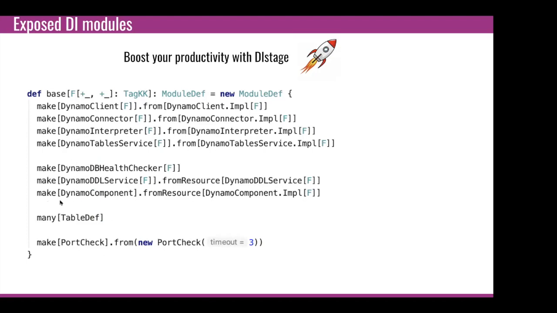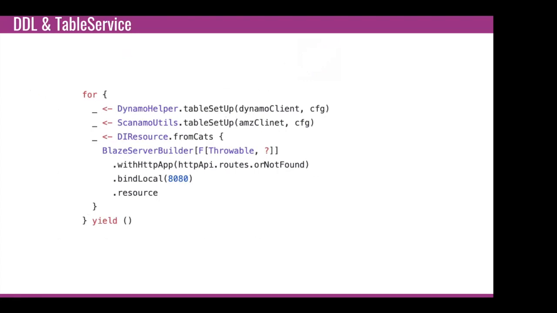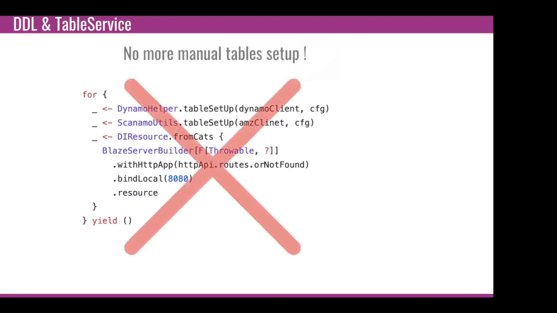This is part of the D4C module where we create a client, connector, interpreter, table service, and TTL service. Because of using D stage, you don't need to worry about preparational stuff like table setup, because all these setup things are performed on the start of the application. So no more table setups.